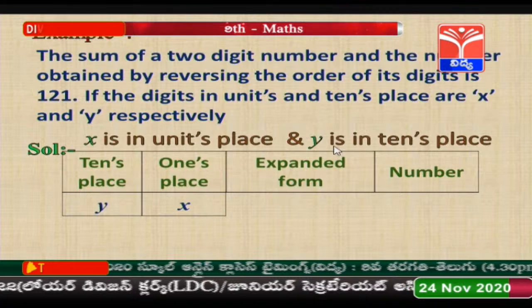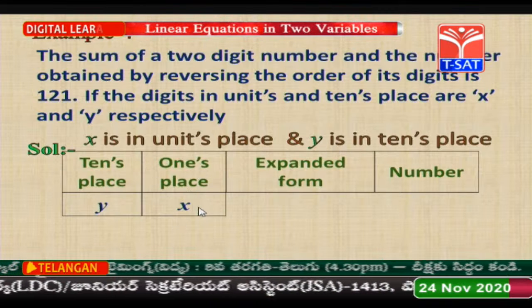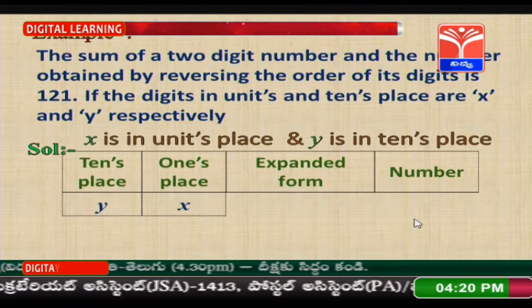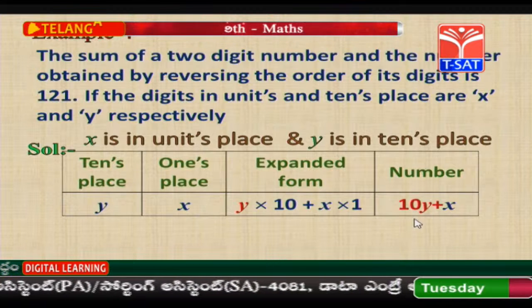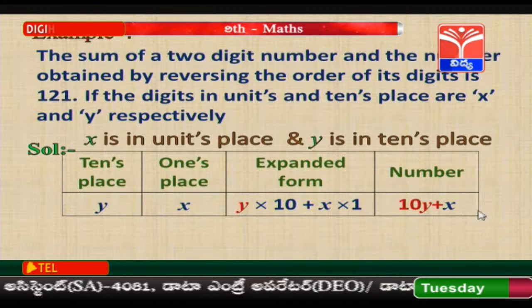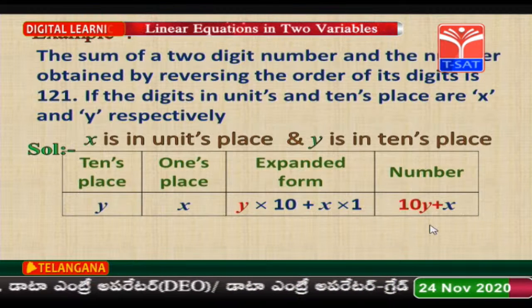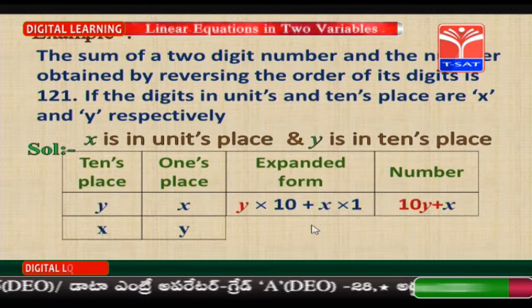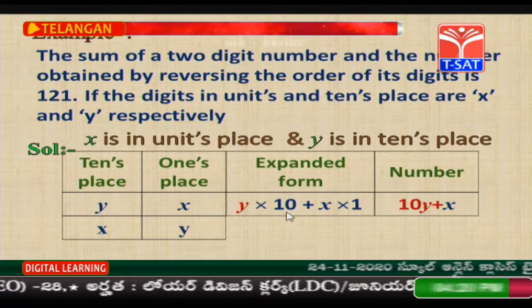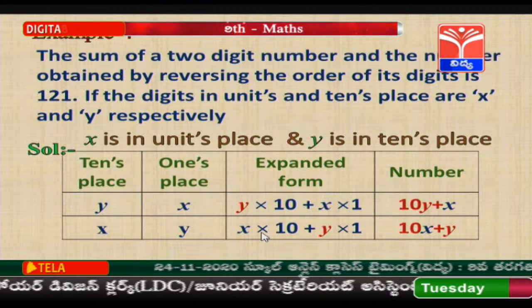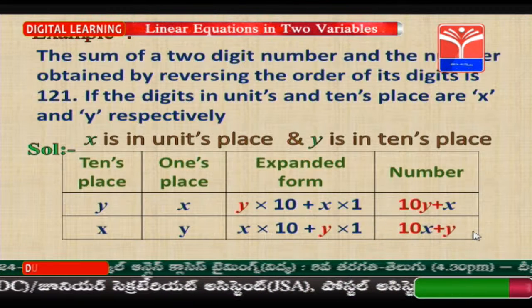In tens place what you have? y, in ones place what you have? x. Now, what you are going to get? y into 10 plus x into 1, that is 10y plus x. Suppose if I interchange, what happens? Same thing, x became y, y became x, x into 10 plus y into 1, you are going to get 10x plus y.